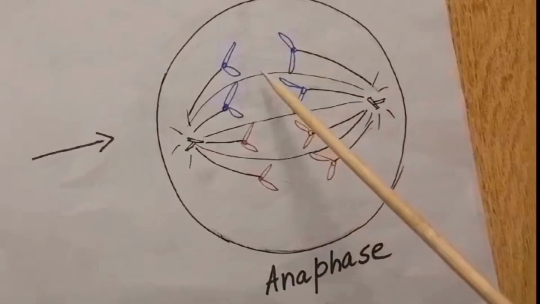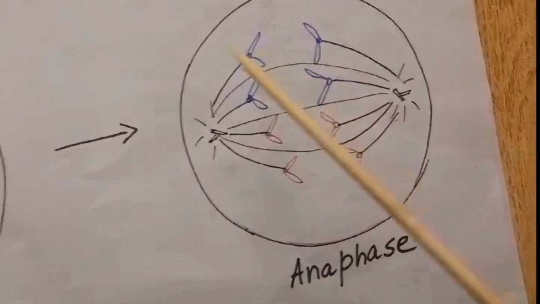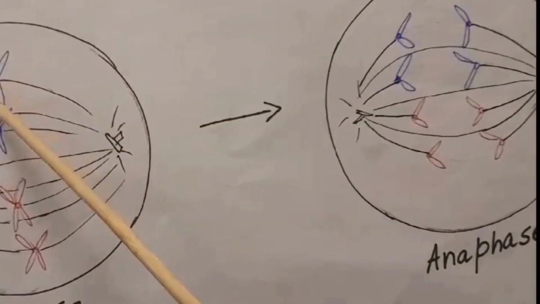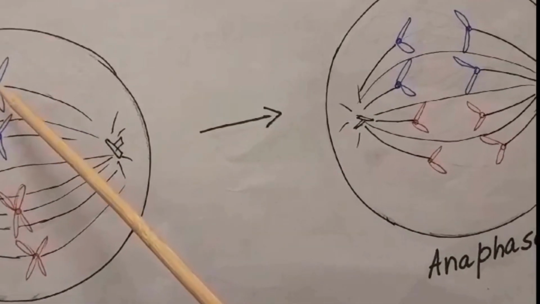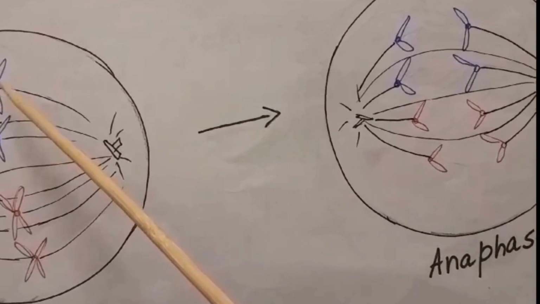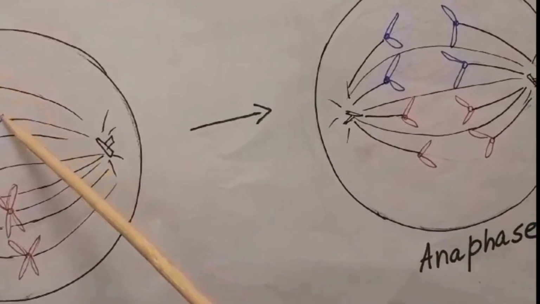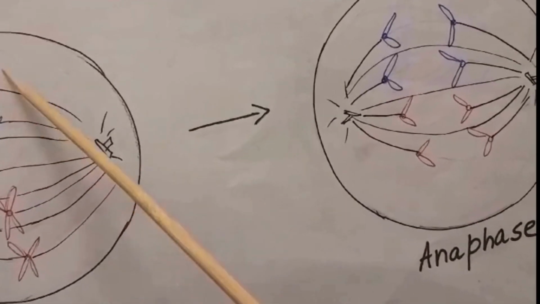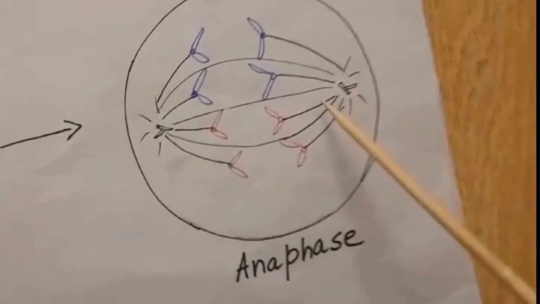During anaphase, the centromere, which is the central part of the chromosome, divides and the chromatids of the chromosomes get free.